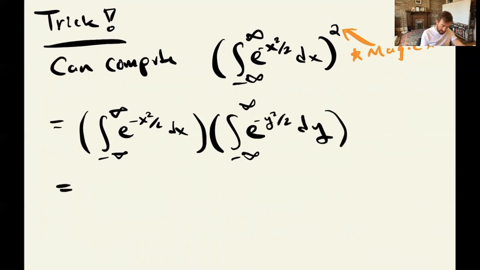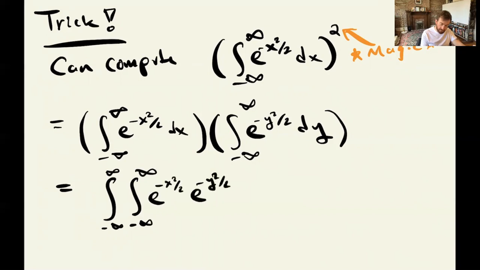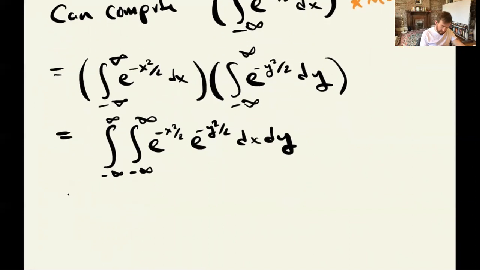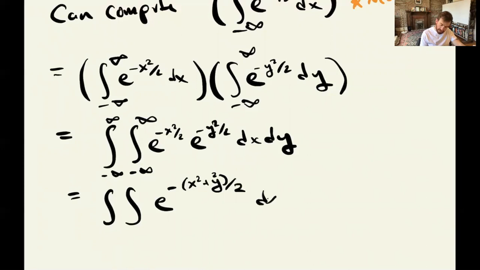And then this ends up being the same thing as the double integral from minus infinity to infinity of e to the minus x squared over 2 times e to the minus y squared over 2 dx dy. Now I can add those exponents. And so what I end up getting is e to the minus x squared plus y squared, all over 2, dx dy. And I'm integrating over the entire plane.